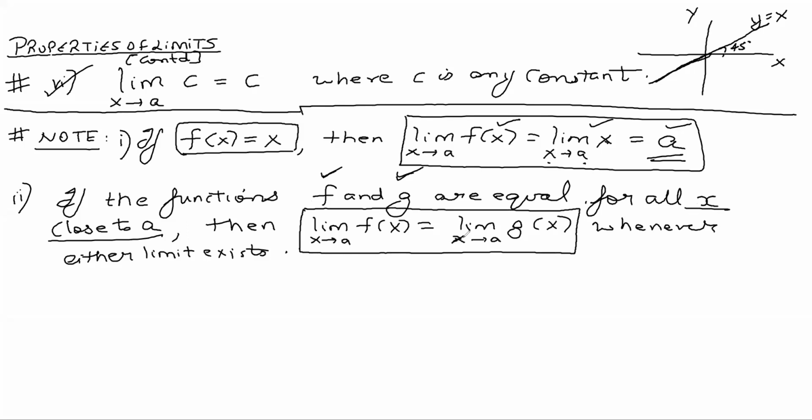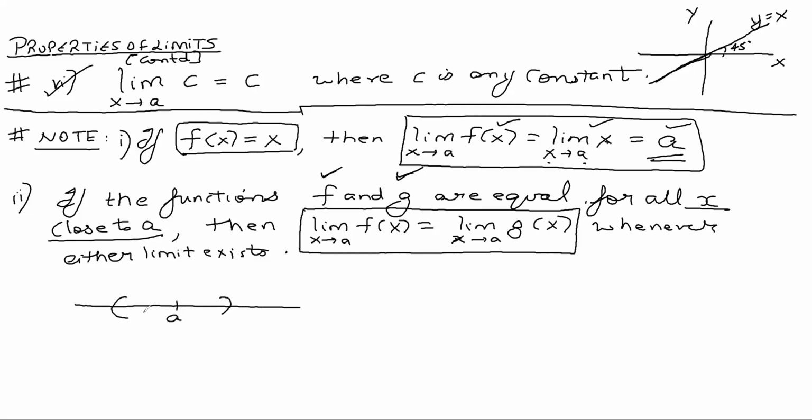I am again repeating it. Suppose you take a small neighborhood around a. Neighborhood means what? Values closer to a, to the left and to the right. Suppose this is my value a. I take a neighborhood around it.